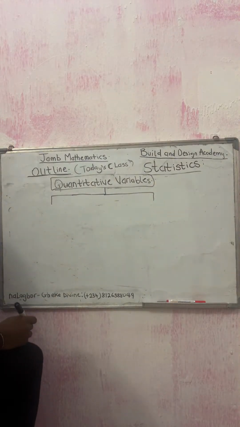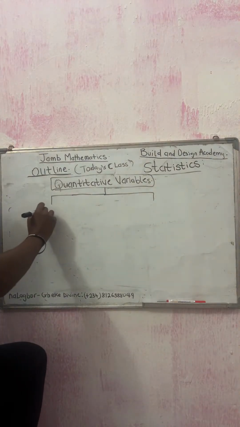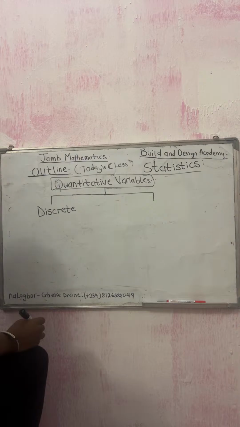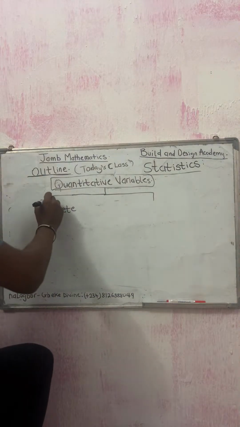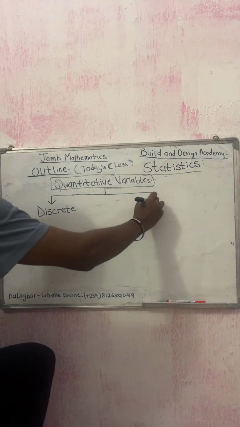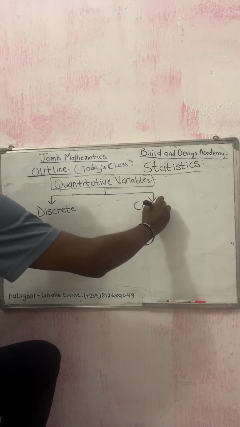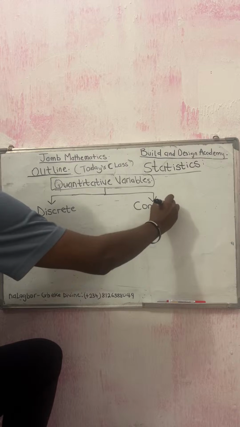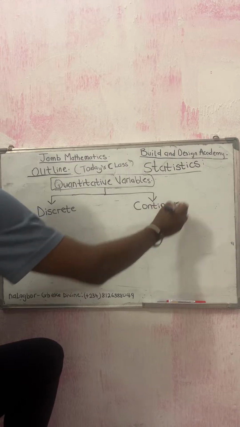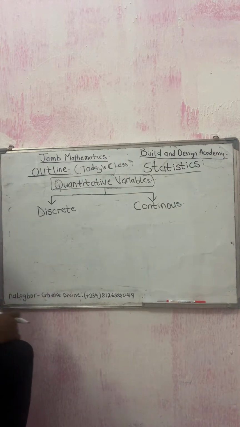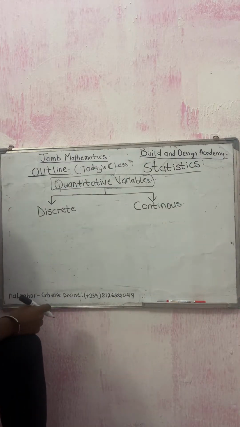The first one is called discrete, and the other one is continuous. So we have discrete and continuous under quantitative variables.